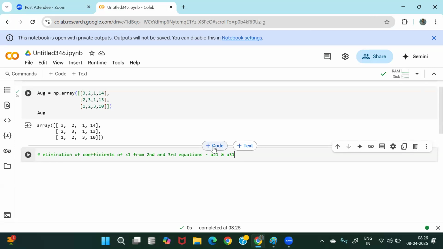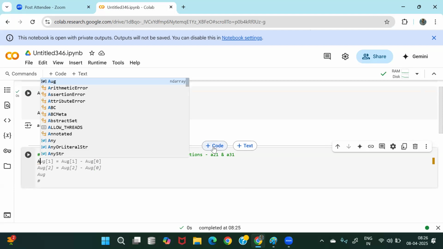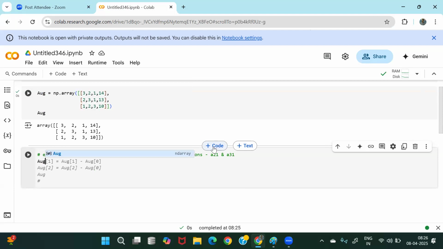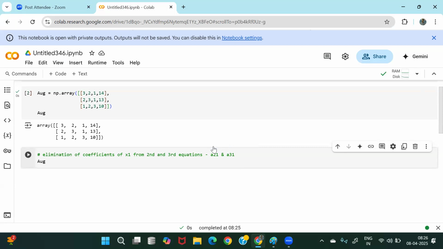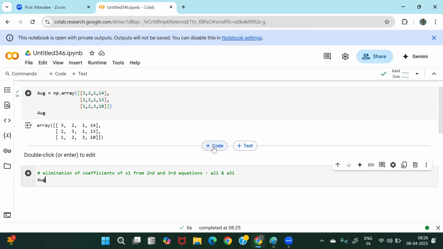So just seeing them now. One more fact you should take care of is that rows are numbered starting from 0. This is the first row. This is the second row. And this is the third row.